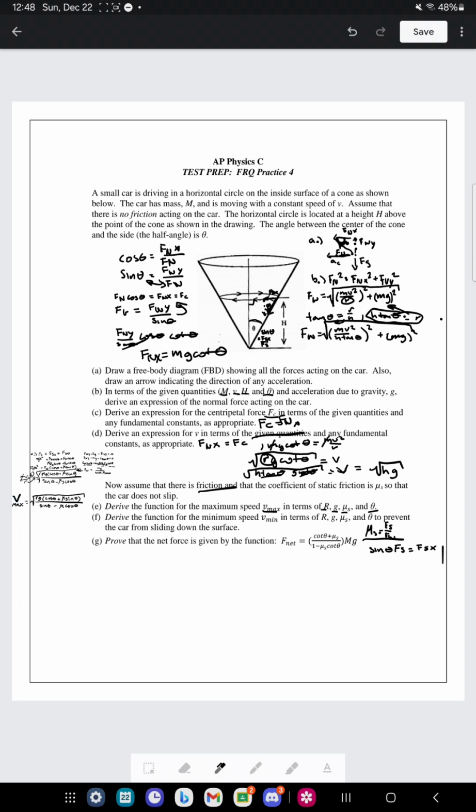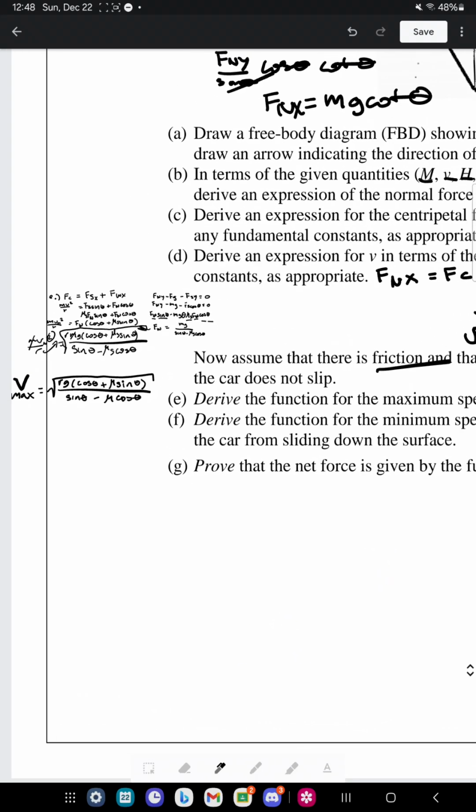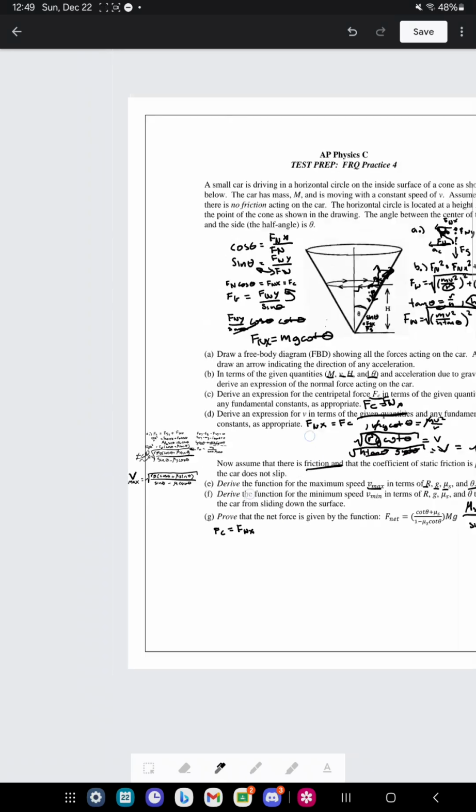For f, derive the function for the minimum speed. It's quite similar to the last question, except f of s is moving upward, so fsy is going up and fsx is going to the right. So let's see, f of c equals f of x.